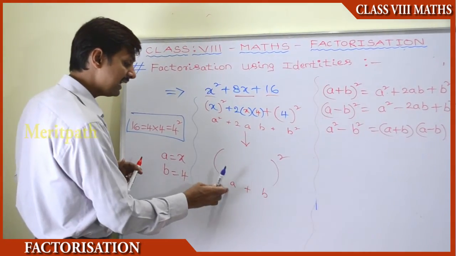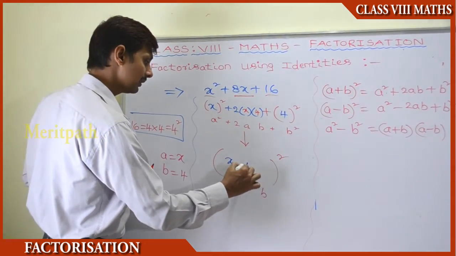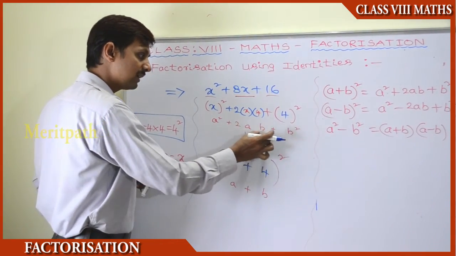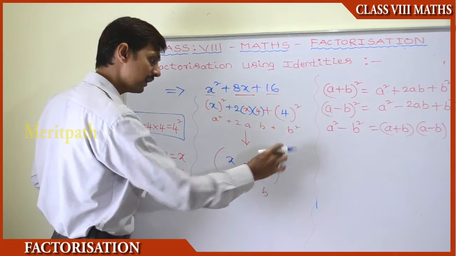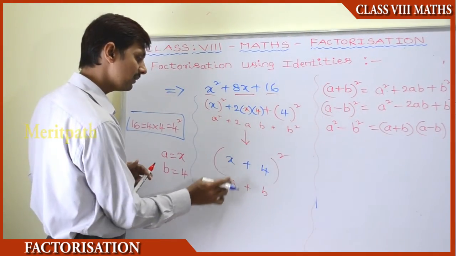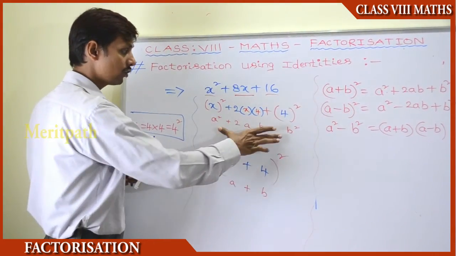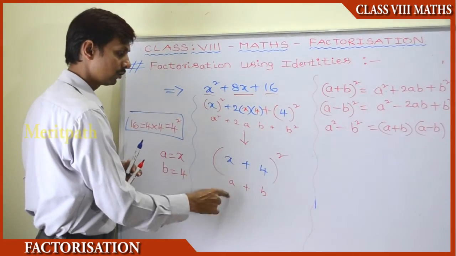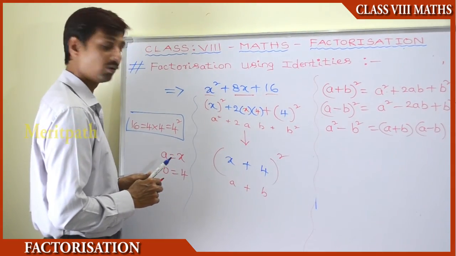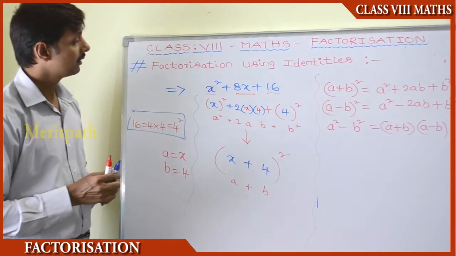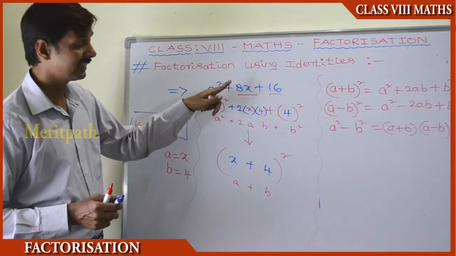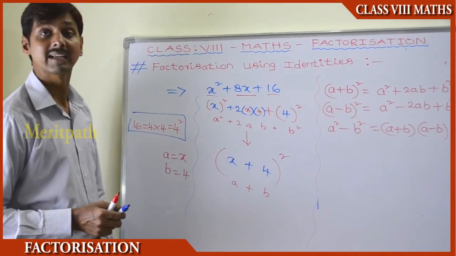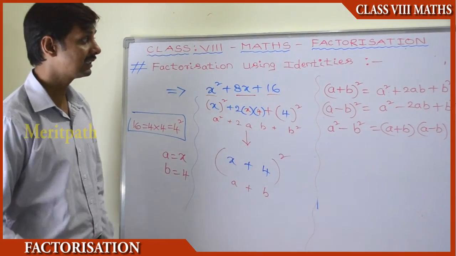So a is x plus b is 4, because a square plus 2ab plus b square is a plus b whole square. So after factorization of x square plus 8x plus 16, we got the factors of this expression as x plus 4 whole square using the identity.